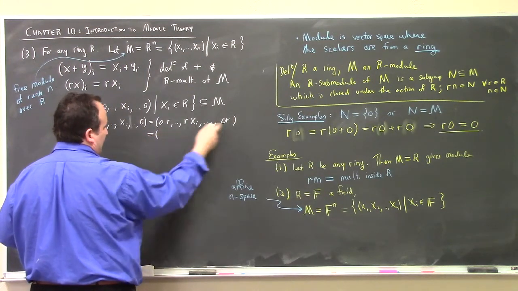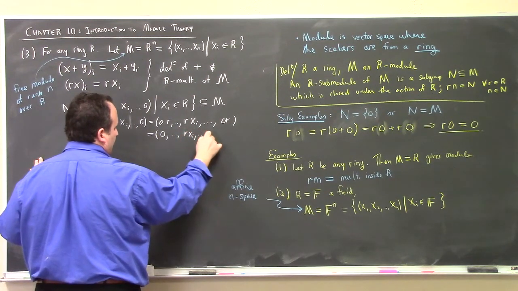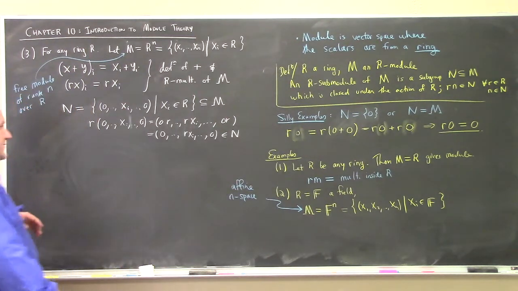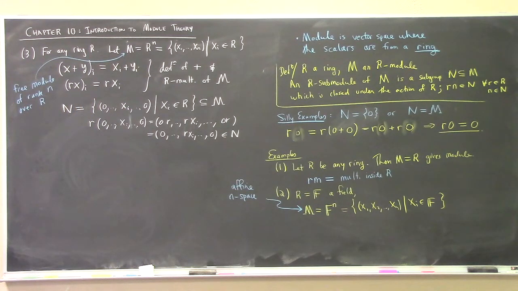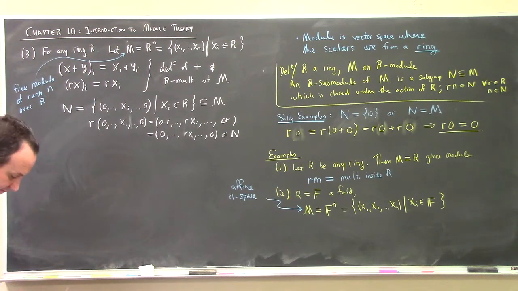I mean, anyway, this is a ring multiplication, so it's 0, RXI, 0. The point is it's an element of N again, right? So it's closed under the R module action, and it's a subgroup. It's a submodule. Hooray. Of course, there are many other submodules of the free module, but those are some example ones.